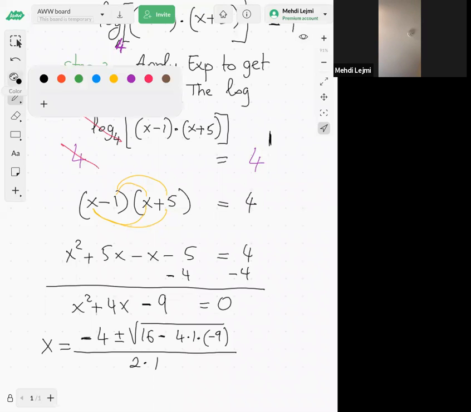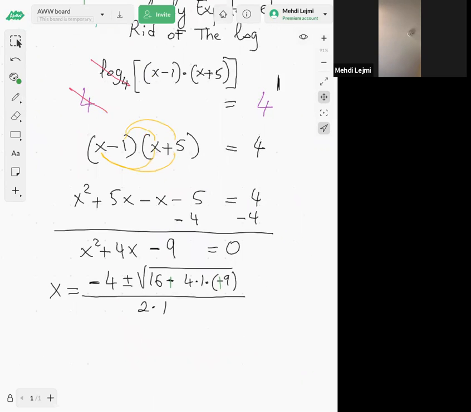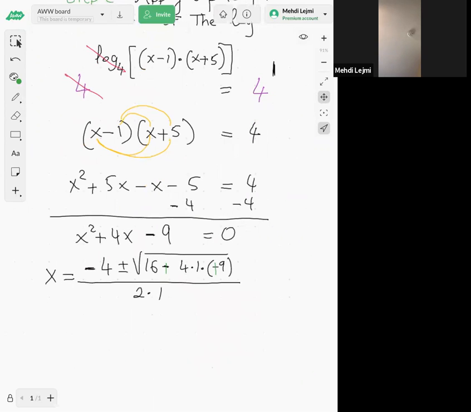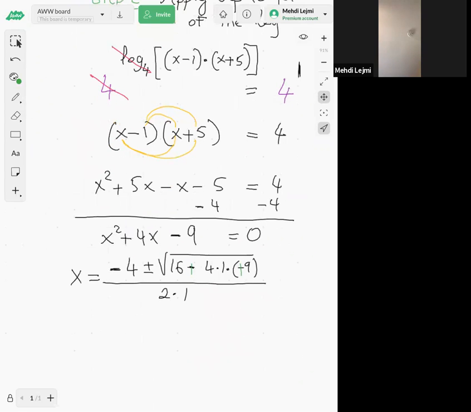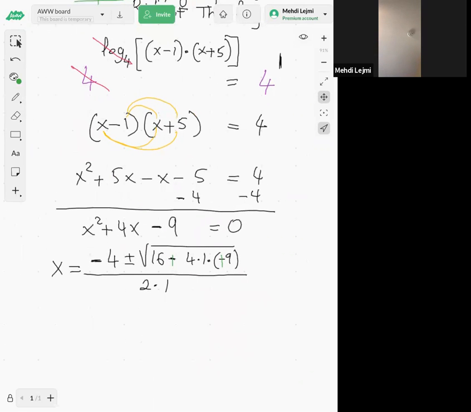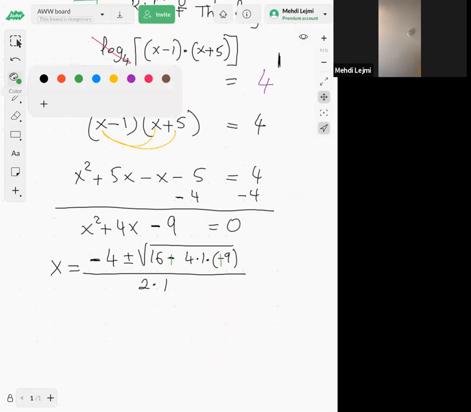All right, so then minus minus, that would be a plus. 4 times 9, that's 36. 36 plus 16, that will be 52. So we're going to have x equals to negative 4 plus or minus square root of 52 over 2.